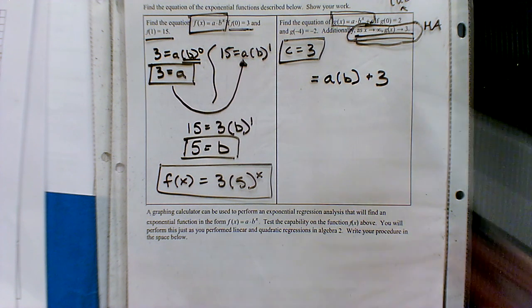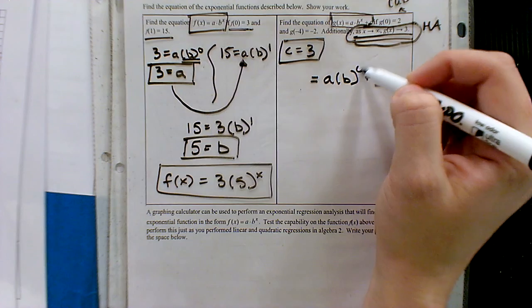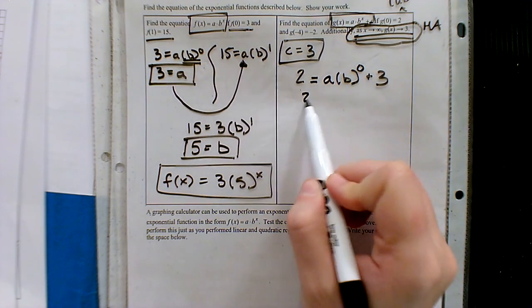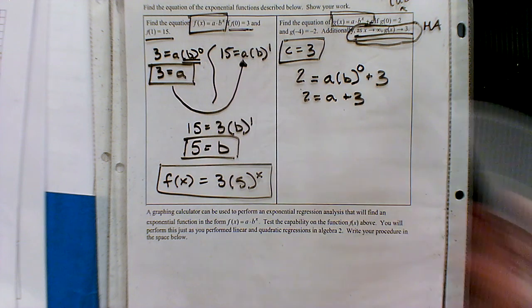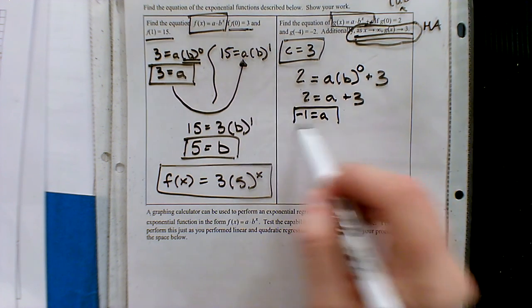Do I know a point that can make my power be 0? What do you think, Caitlin? 0 for x, 2 for y. Good. All right, so b to the 0 is going to become 1. We're just going to be left with a. And subtracting the 3, we'll get negative 1.